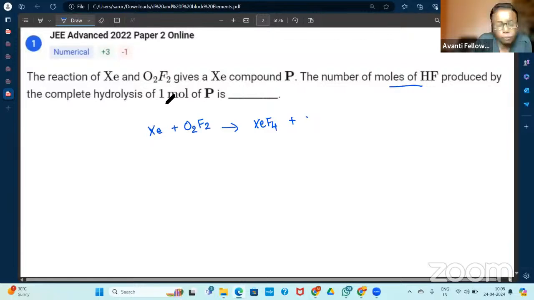So what will be the equation? Xe plus 2 O2F2 gives XeF4 plus 2 O2. Now, what is the xenon compound P? P is XeF4. Now, when you do the complete hydrolysis of XeF4, what would be the number of moles of HF produced is the question.